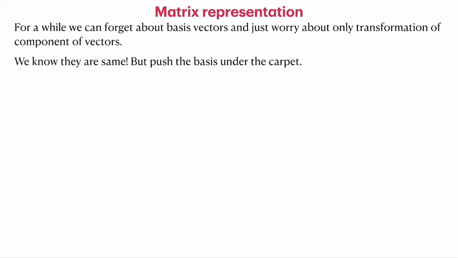So we know that it is one and the same whether we transform the basis or we transform the components of the vector. It is a basic relation between the vector and the basis. So they are one and the same, but let's pretend as if we do not have any basis, or push the basis under the carpet and worry only about the components.